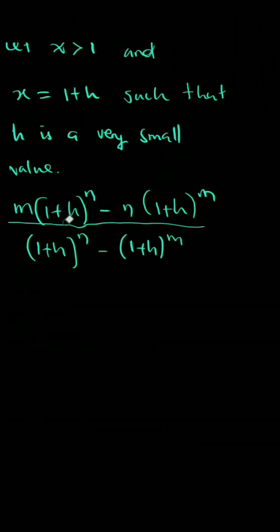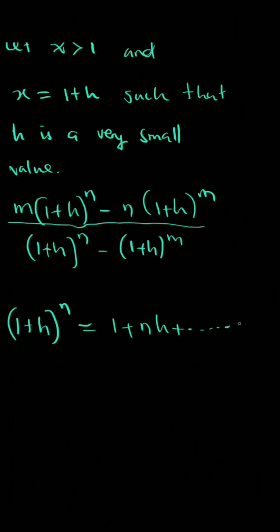Now, considering what is in parentheses, this is in the form of a binomial where there's an identity for this. So we'll consider (1 + h)^n and (1 + h)^m. (1 + h)^n is the same as 1 plus nh, then plus other terms that keep on going.